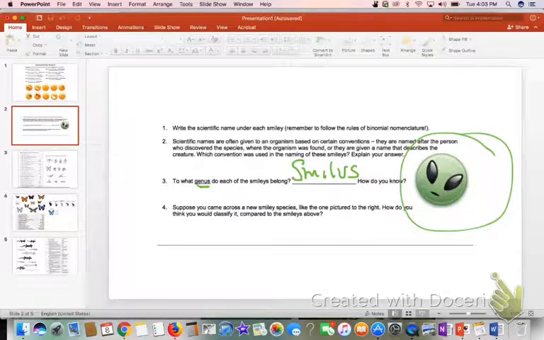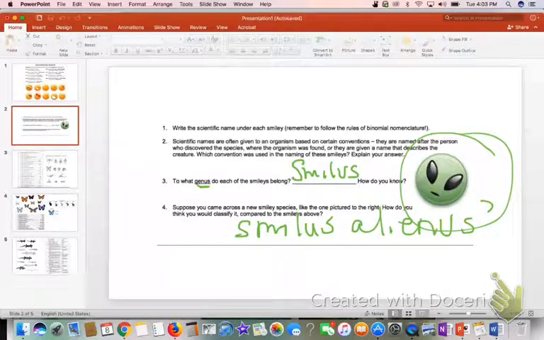So we know that if we name them, sometimes we name them according to the traits that they have, the characteristics. So what would be an idea for one that we could name this one? Smilus, maybe alienus or something like that. Maybe that would be a name we could give to him.